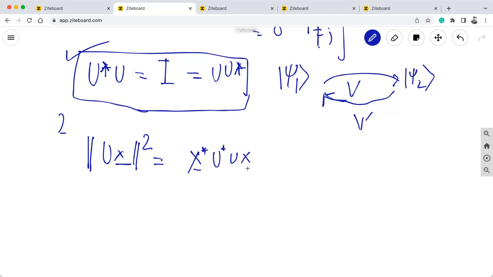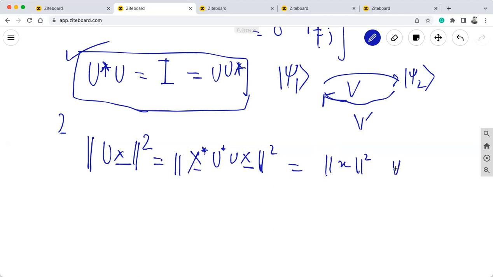So this is the vector, this is the vector, and the overall two-norm. This is the thing for which the result is identity, and if you multiply an identity with the vector x, it will give you the result x. So effectively you will be getting the norm of x squared.